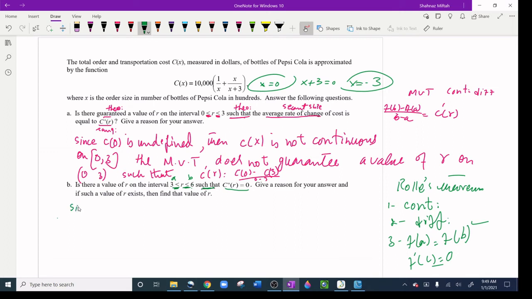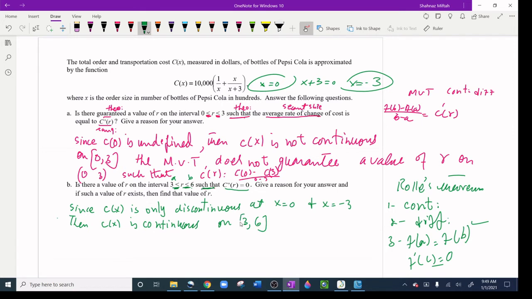So I'm going to write, since C of x is only discontinuous at x equals 0 and x equals negative 3, then C of x is continuous on the closed interval [3, 6], because 3 and 6 are included, and it is differentiable, since we can take a derivative of that, on (3, 6).